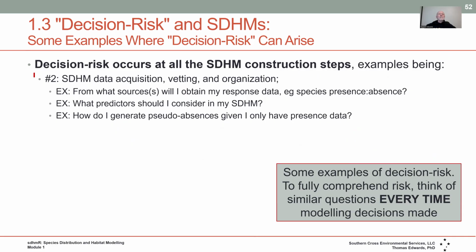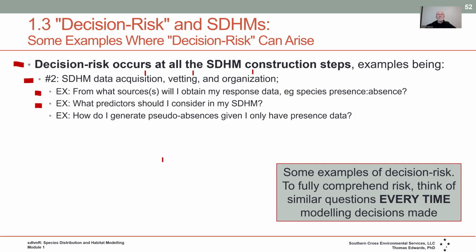Now, decision risk also occurs at all of the construction steps in a distribution model. Here are some examples of the first step: data acquisition, vetting, and its organization. From what sources will I be obtaining my response data, the presence absence?